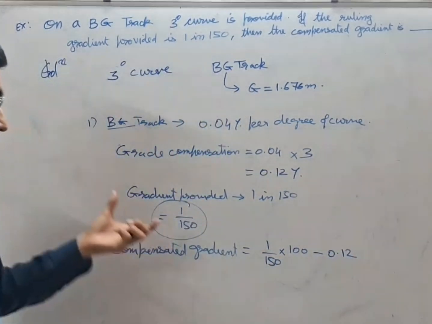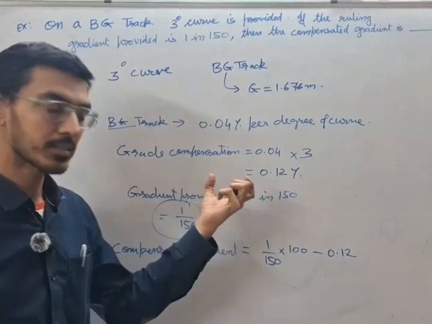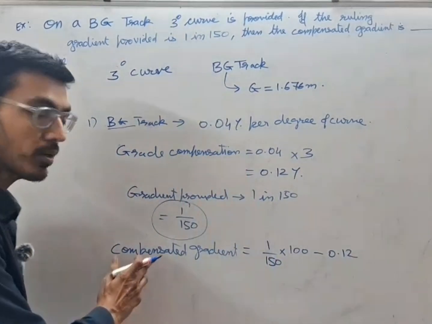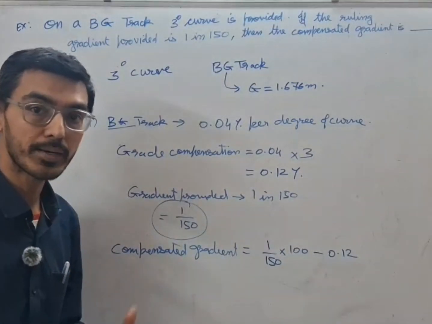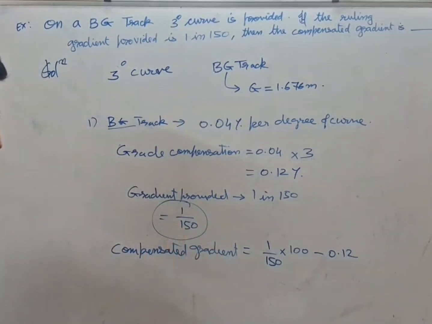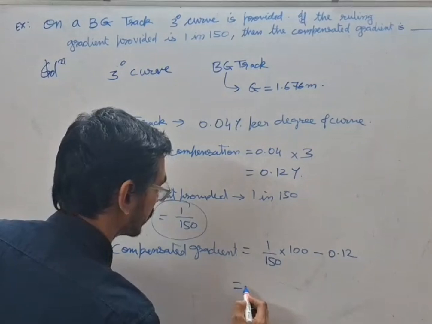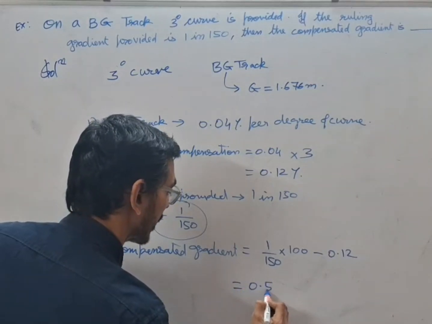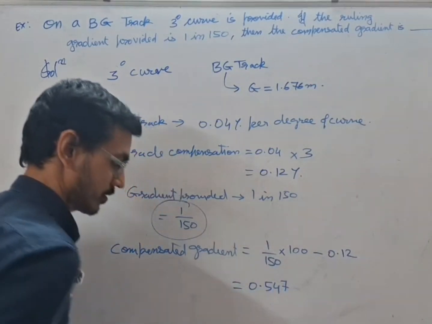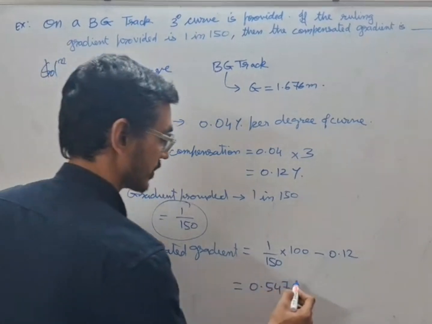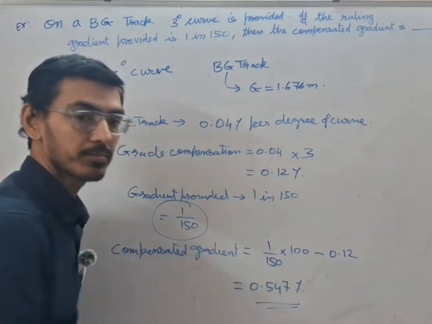Okay, so gradient provided minus the compensation. So this is the actual compensated gradient which we are providing on the field. So 1 by 150 into 100 minus 0.12. So here you will get around 0.547 percentage, of course. Okay, thank you very much.